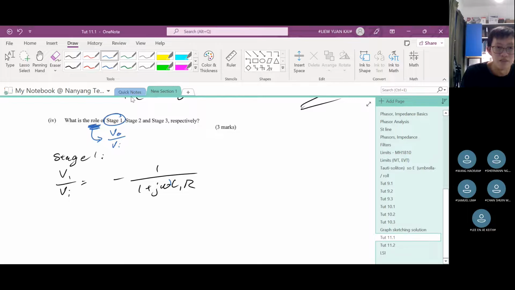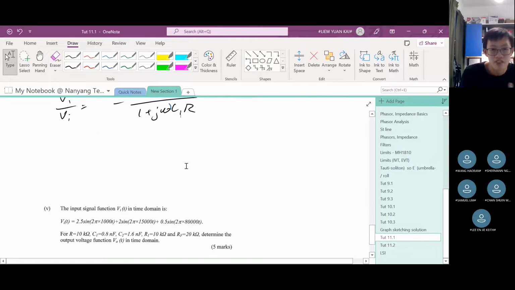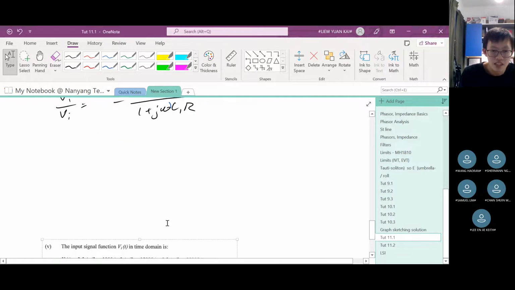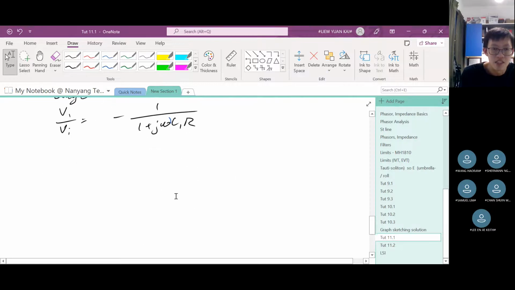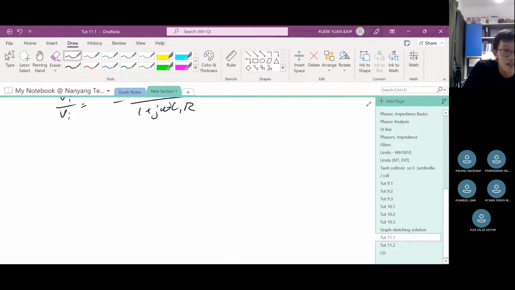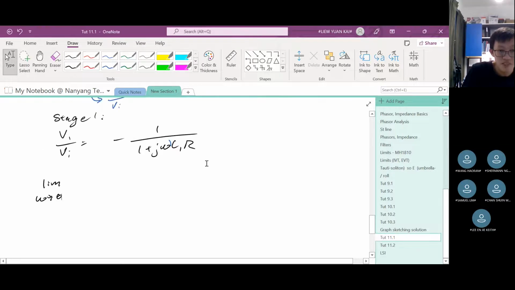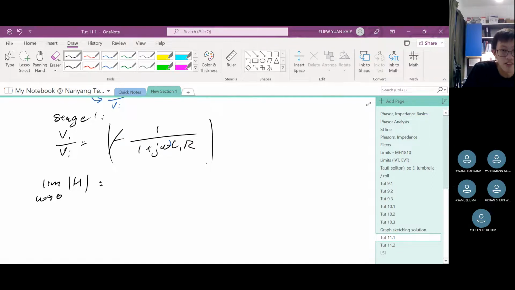We have to do our limits. Low pass filter or high pass filter, we need to take the limit tending to 0 and tending to infinity. So let us just do that. Limit omega approaches 0. Technically, I should do the magnitude of H. When you take the magnitude of this, the negative will go away, correct?